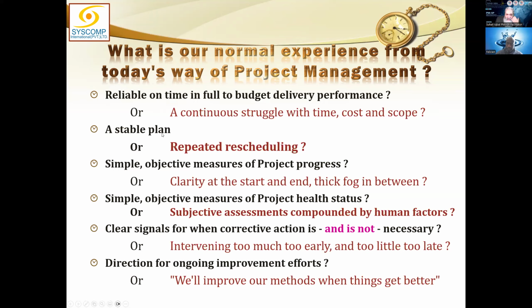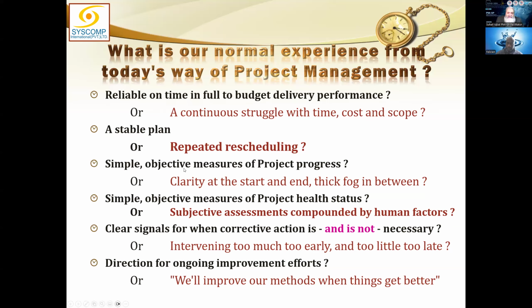And as compared to a stable plan, we are repeatedly rescheduling: predictive problem, reschedule, change control, change request. So, in a way, I can say that predictive project management is traditional project management. It doesn't bring anything new to us. It doesn't have surprises. It cannot reduce the time by 10 times or 100 times or something like that.